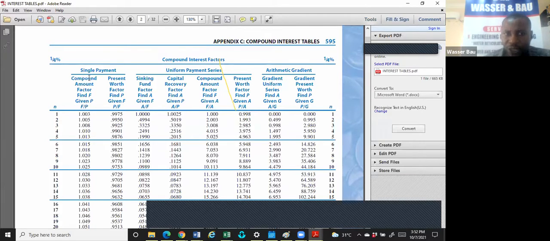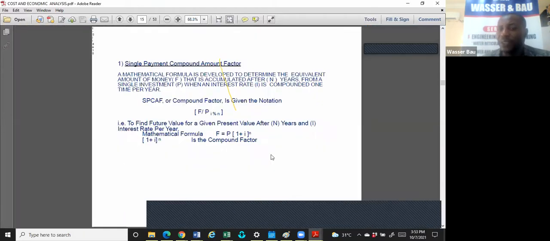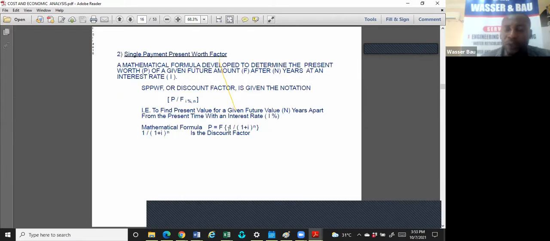It says what you're looking for is the compound amount factor. It says find F given P. If you want to find the future value and you are given the present value, this is the column you are going to use. That is the same thing this place is talking about: you're looking for the future value and you're given the present. So you just go here and find it in the interest table. Okay, let me not complicate it.